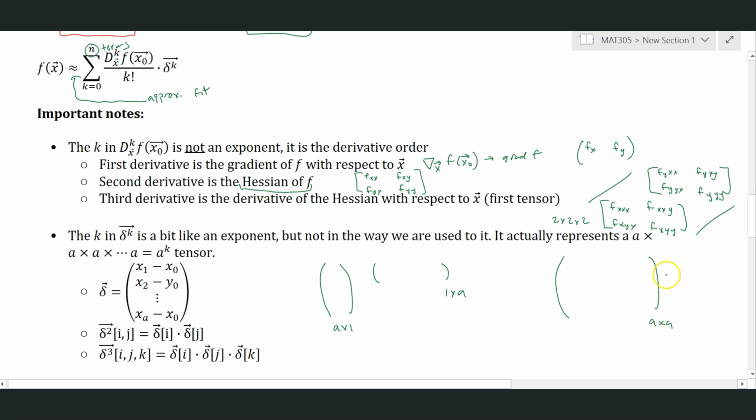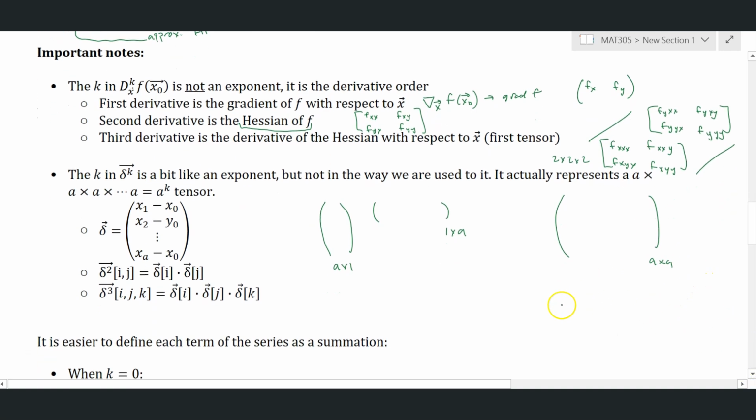But if we repeat that process, each next value of a, 1 through a, will generate a separate a by a matrix. And how many of those a by a's will we have? We'll have a of those, and hence we get a by a by a.